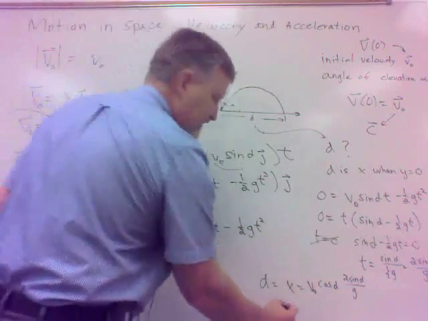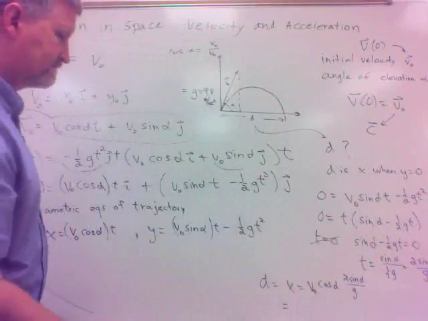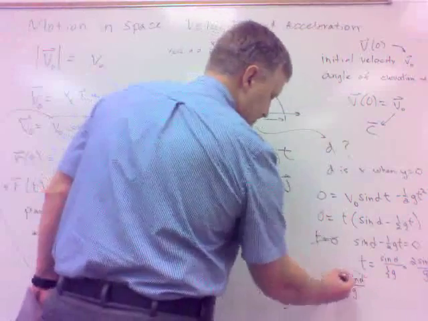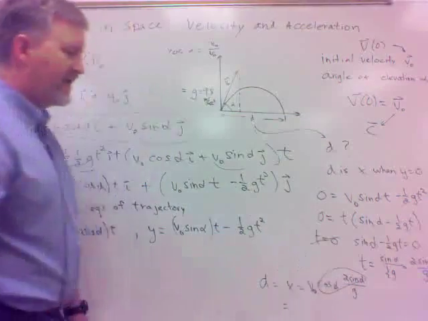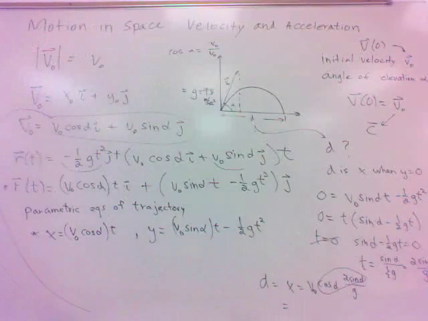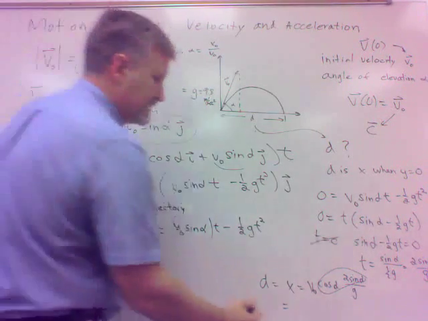If you combine this, that is 2 sine alpha cosine of alpha. So that's a double angle, right? That's the sine double angle.